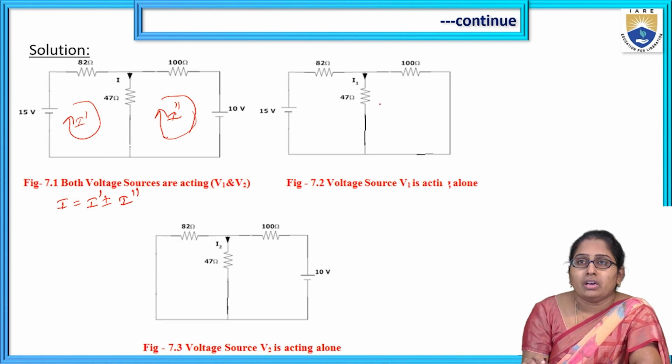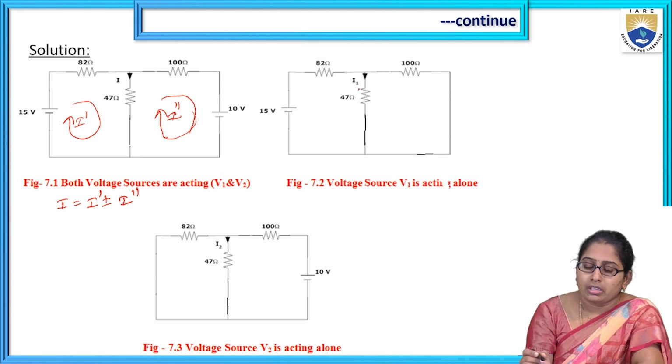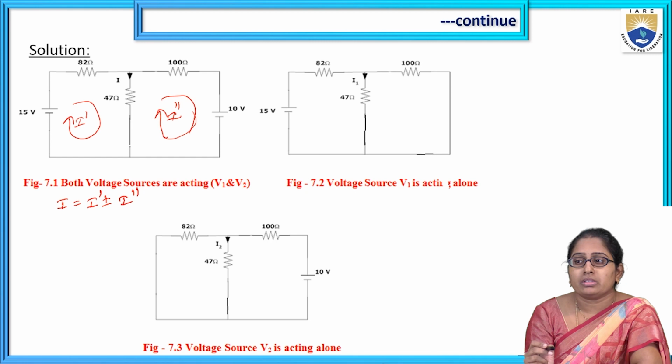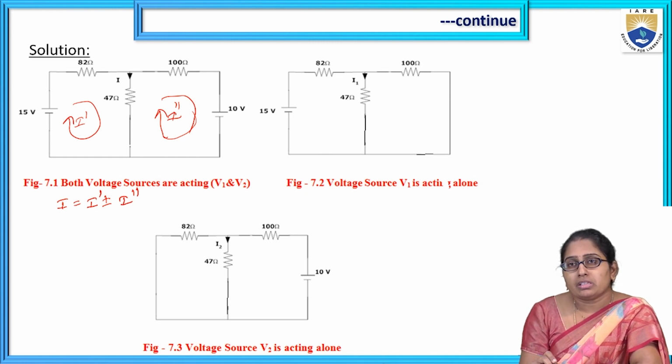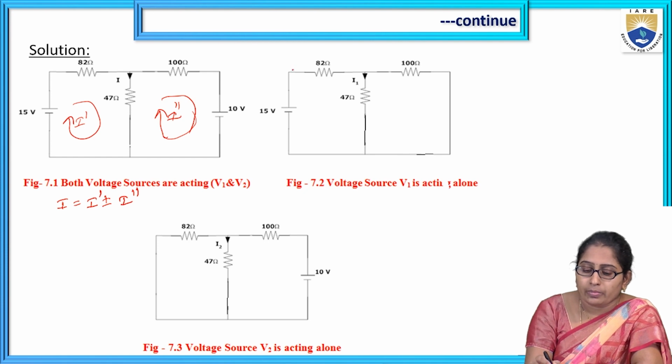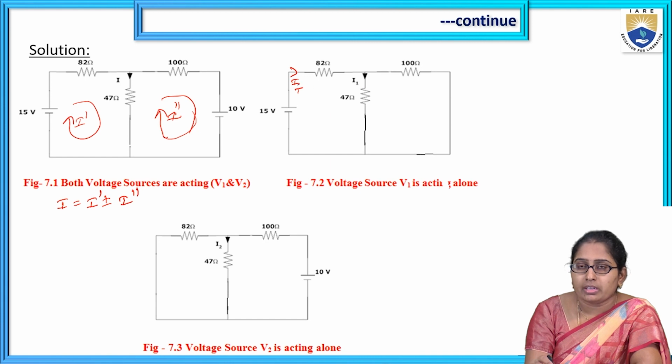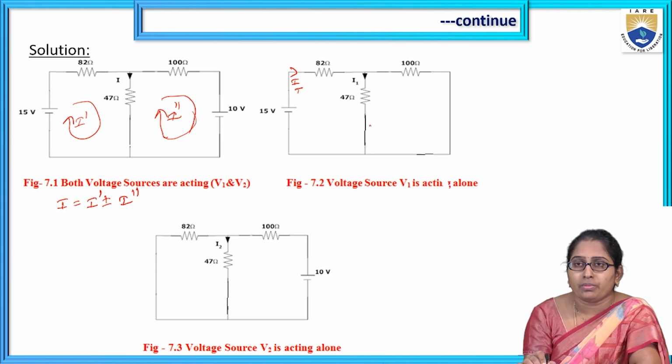Then how do we find the current in the 47? In that case, the current in the 47 is I1. To find this current I1, use basic circuit solving knowledge, such as mesh analysis. I'm going with finding the total current, then using the current division rule to find the current in the 47, that is I1.